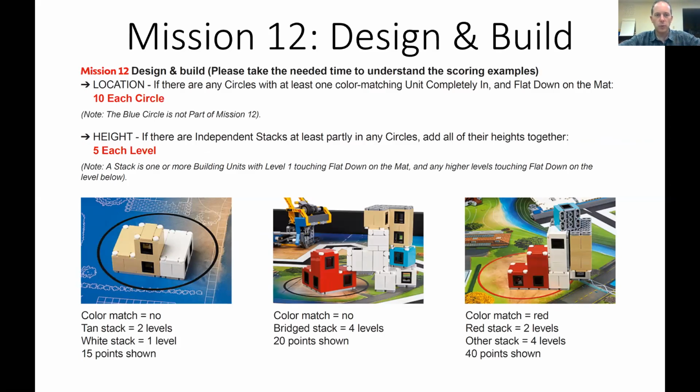So first one. Let me get this stuff out of the way. So these are all a huge array of the mission models that you will build. And we've got red building units, tan building units, white building units, blue tiny building units, and we've got these that will come into play later.